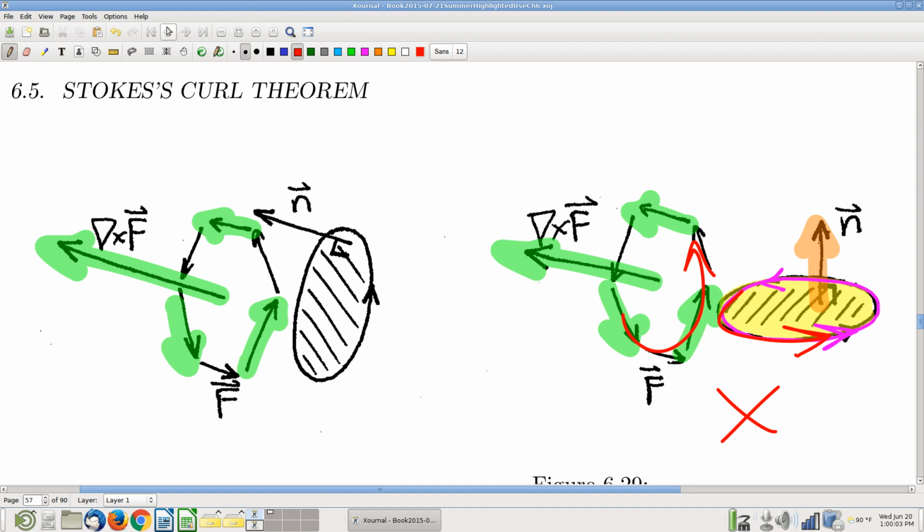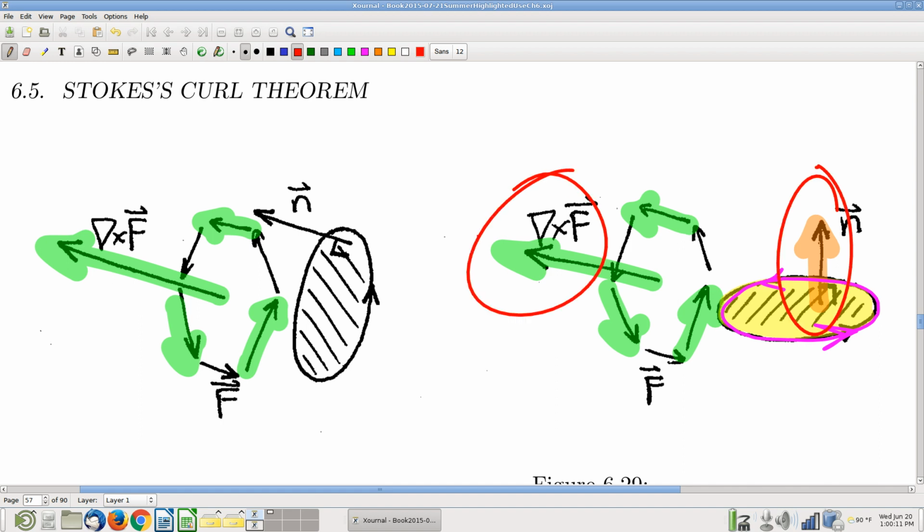Okay, now how is that manifested by the normal vector? Well, the normal vector is pointing that way. The curl vector is pointing that way. There's not much dot product, if any, there. So I think you can persuade yourself that the extent to which the normal vector lines up or doesn't line up with the curl vector is going to coincide with how much the direction the fluid is flowing lines up with the direction the boundary is going.